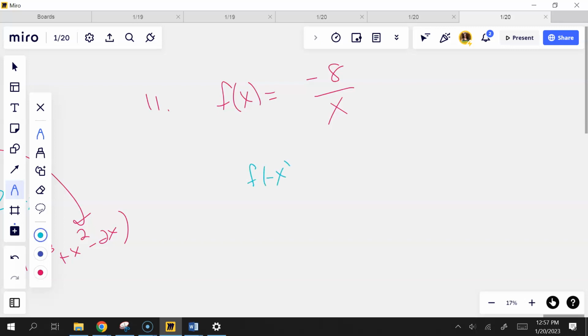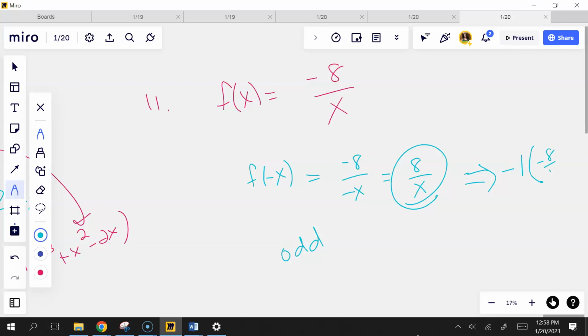What did y'all think about this one? Even, odd, or neither? This is what I got. How is it odd? The fraction as a whole. If I can take this and put a negative 1 out front, what's left?